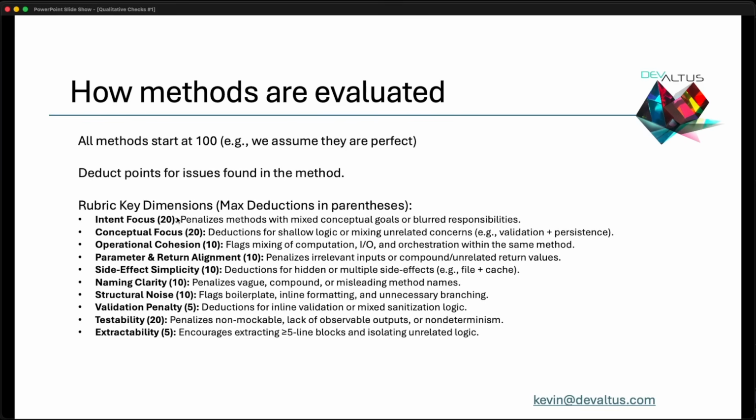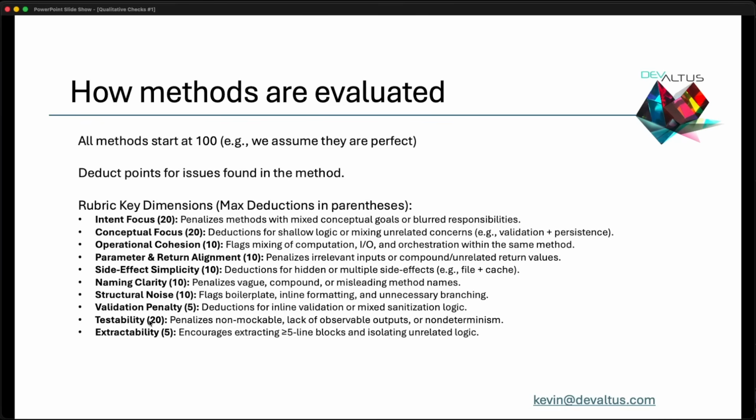We take away up to 20 points. Or if there's conceptual focus, we penalize that. We take away up to 20 points for shallow logic or mixing unrelated concerns, right? There's structural noise that we take away up to 10 points if we see that there's boilerplate code, inline formatting, unnecessary branching. Testability is a big one.